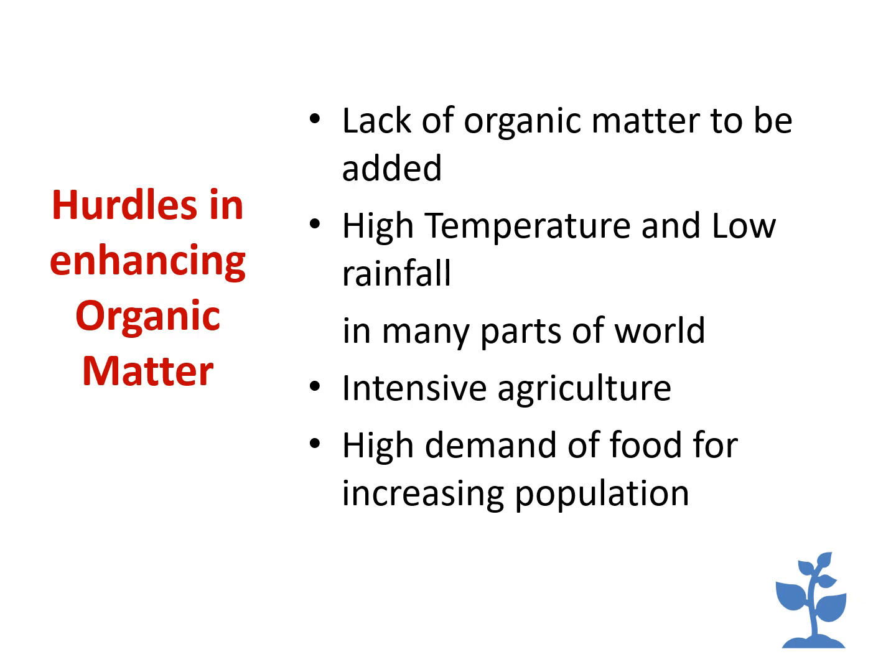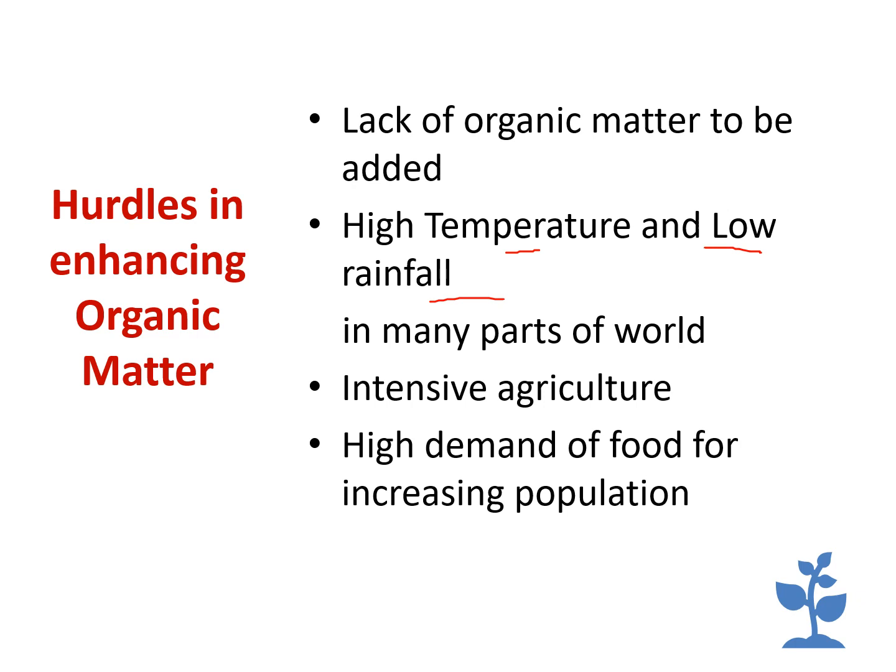Then we have high temperature in many agriculture areas, and we also have arid land areas with very little rainfall. In these conditions, it's very difficult for soil to keep the organic matter for a longer period of time. Then we have intensive agriculture. We are growing one crop, then again tillage, and then another crop.